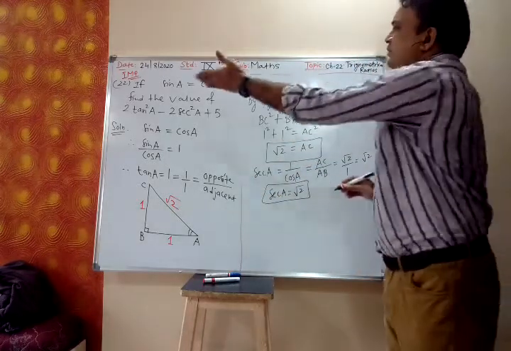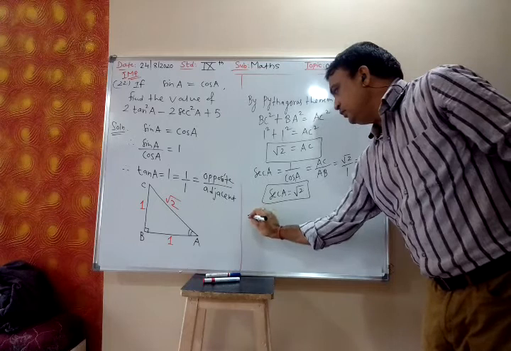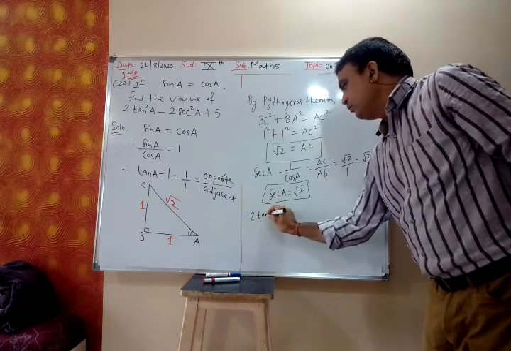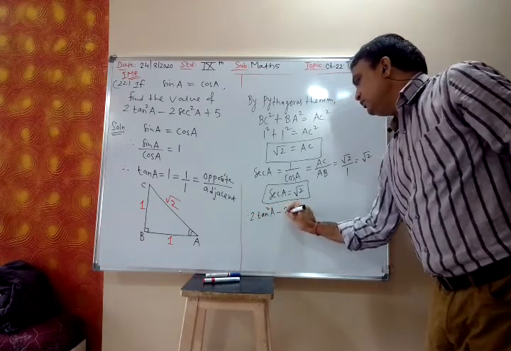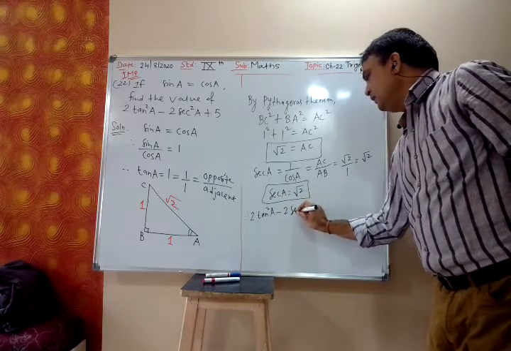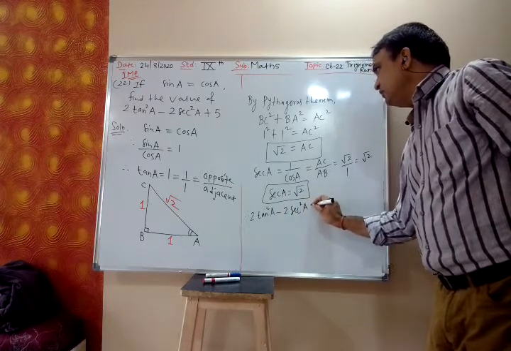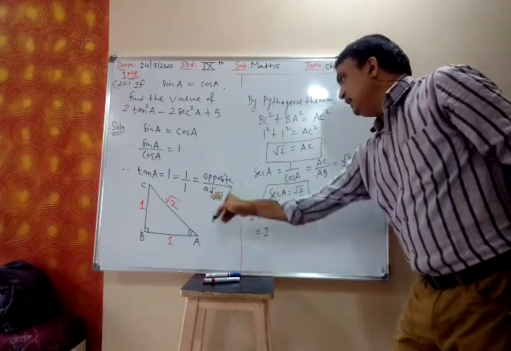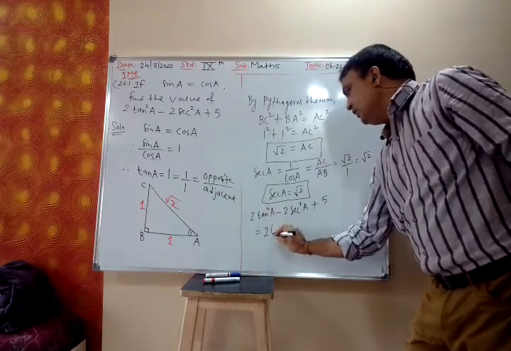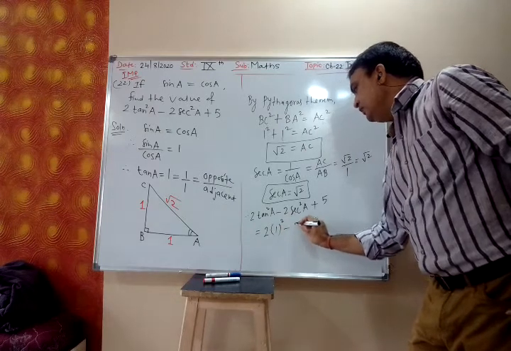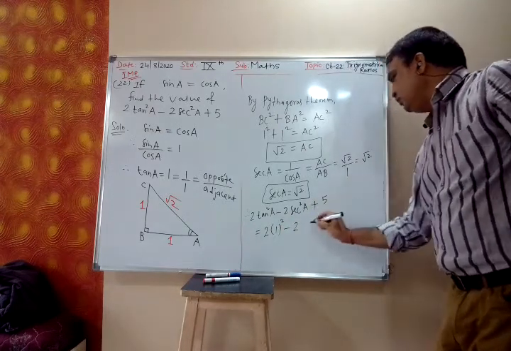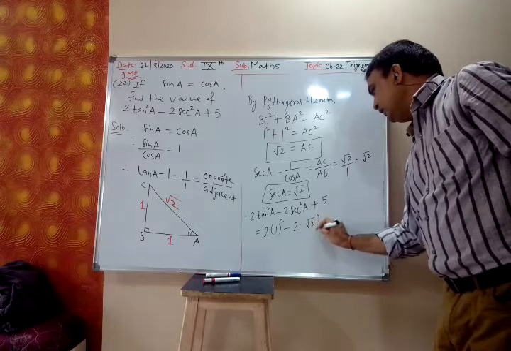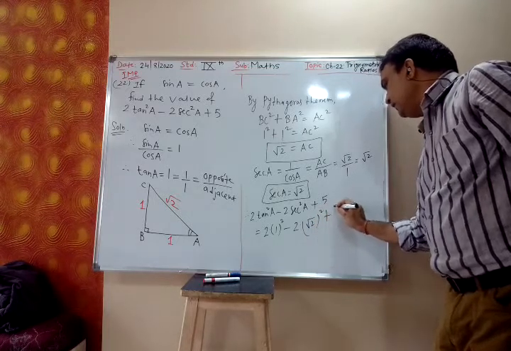Now we find this value. Now we consider 2 tan square A minus 2 sec square A plus 5. Just we substitute the value. 2 into tan A is 1, so tan square A means 1 square, minus 2 into sec A is root 2, so root 2 square, plus 5.